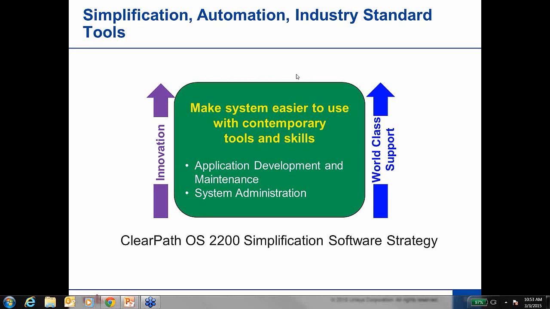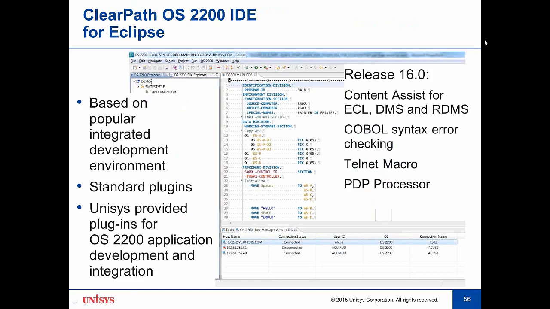Now, Sam talked about the Eclipse product earlier today in this presentation. I'd like to put it in the context of this workforce renewal, workforce continuity. We have a tool with Eclipse and the plugins that we've done. Over the last couple of years, it has matured very, very nicely.